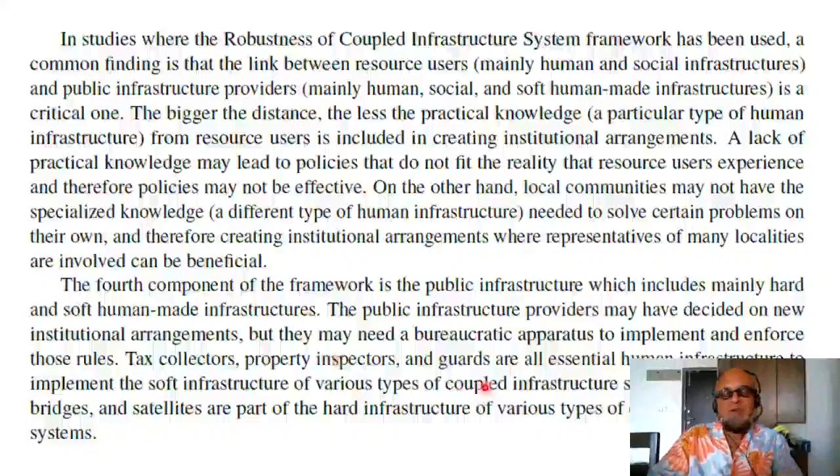Tax collectors, property inspectors, and guards are all common essential human infrastructure to implement the social infrastructure of various types of coupled infrastructure systems. So canals, pipes, bridges, and satellites are part of the hard infrastructure of various types of coupled infrastructure systems.